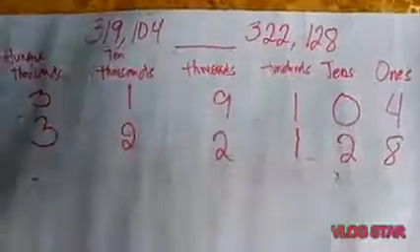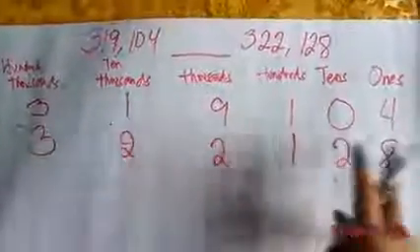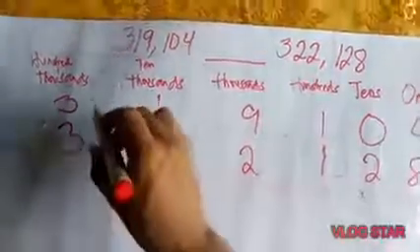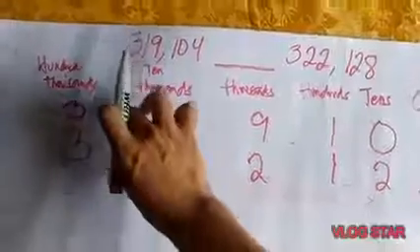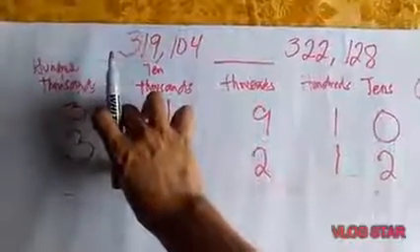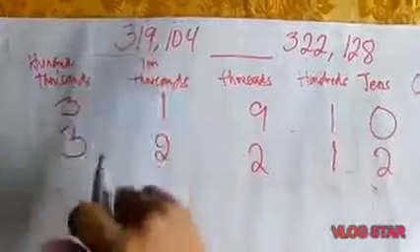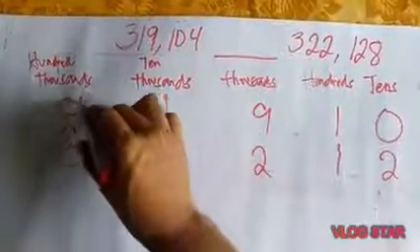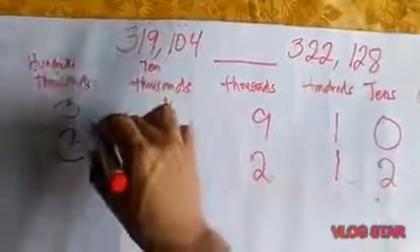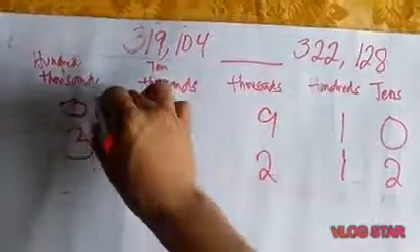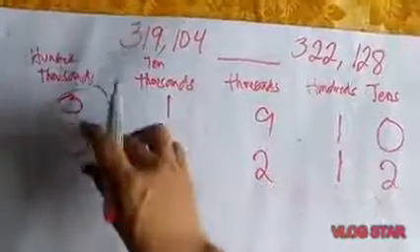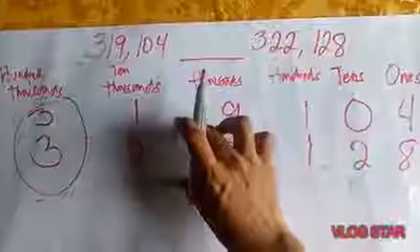In comparing two numbers using the place value chart, we will always start in the greatest value. So just like here, in hundred thousands, since they are the same, let's move to 10,000.